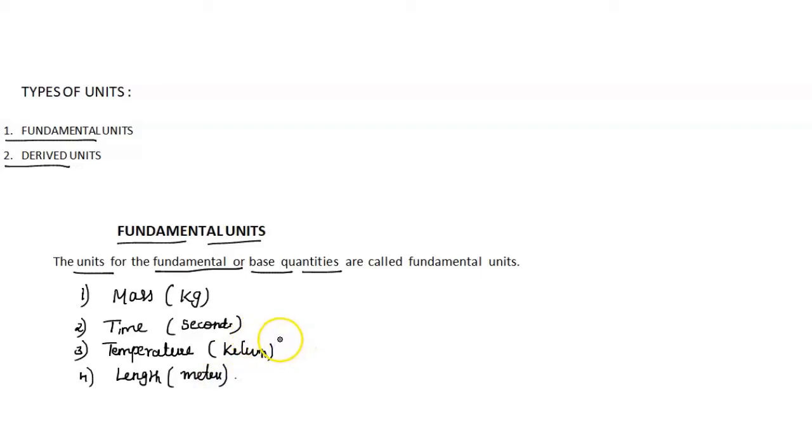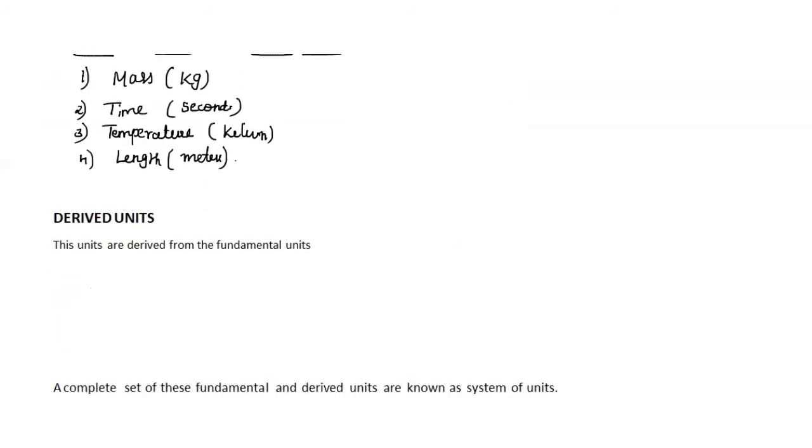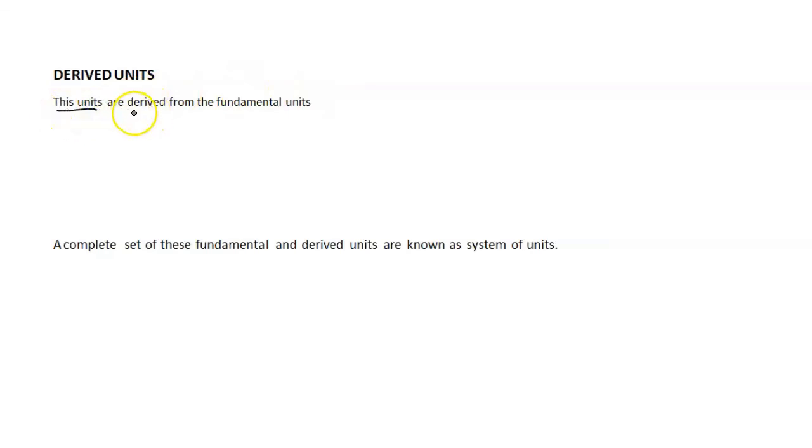So there are four fundamental quantities: mass, time, temperature and length, and the units for those base quantities are called fundamental units. There are many units which we use in our day-to-day life. Other than these four units, all other units come under derived units. As the name indicates, these units are derived from the fundamental units.